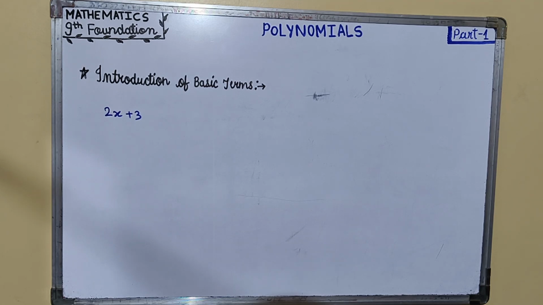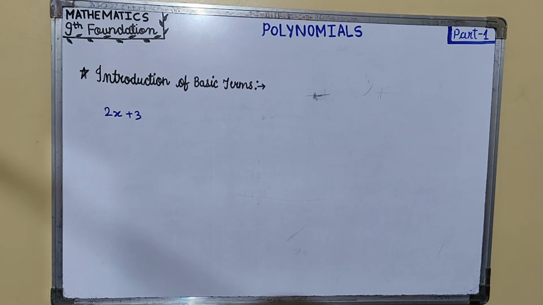Now variable means a symbol which takes various values. Any letter can be used to denote a variable. In this expression we have used x as a variable. Now constant: a symbol having a fixed numerical value is called a constant.